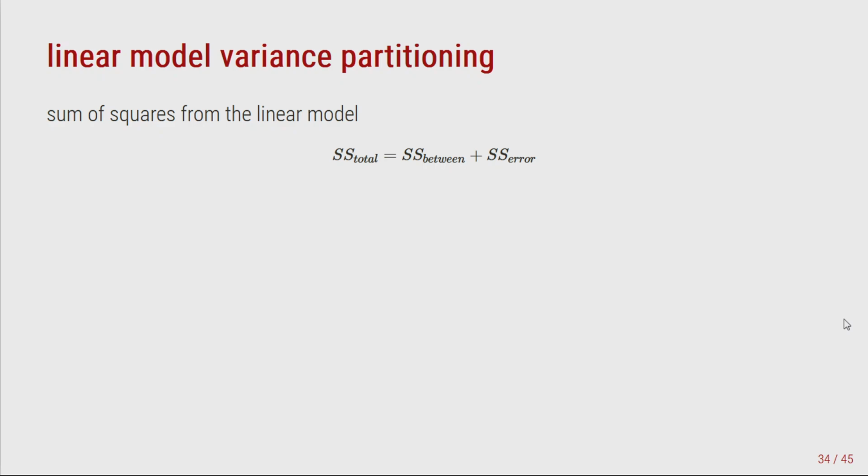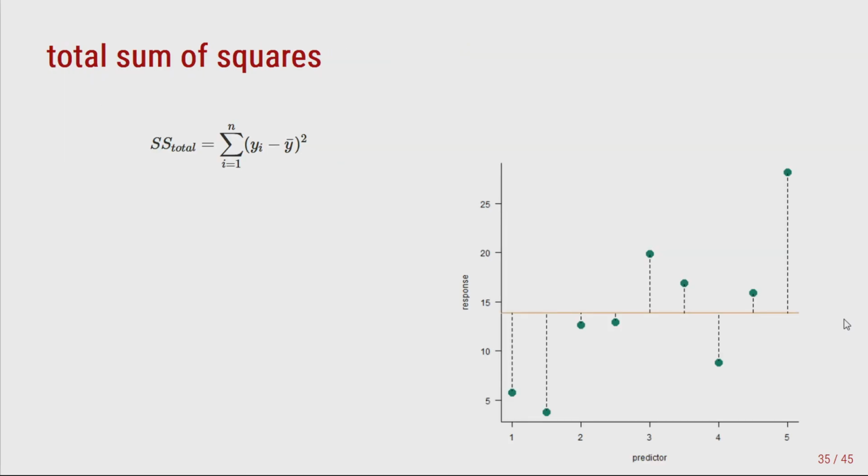Okay, but we are talking about variance partitioning, and this is how we define the sum of squares. This is what SS stands for, from the linear model. And basically the variance is split into two different components: the model component, here as the between component, and the error component. This is where the variance is in our model.